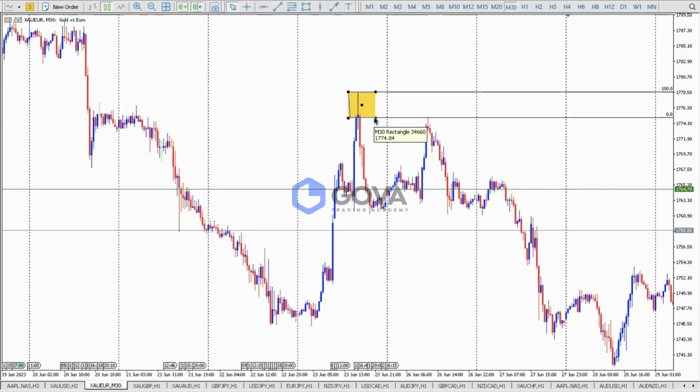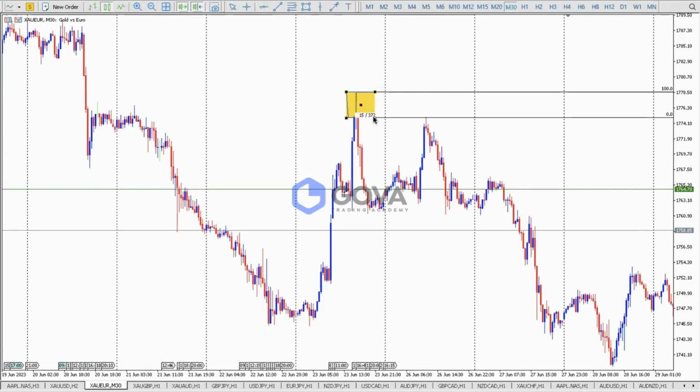Whenever you are marking it with your yellow box, remember I told you not to do it like this. This is wrong. Don't do it like that. Don't do it like this. It is wrong. Also, don't do it like this. It is also wrong. The proper way to highlight your zone is to do it like this.